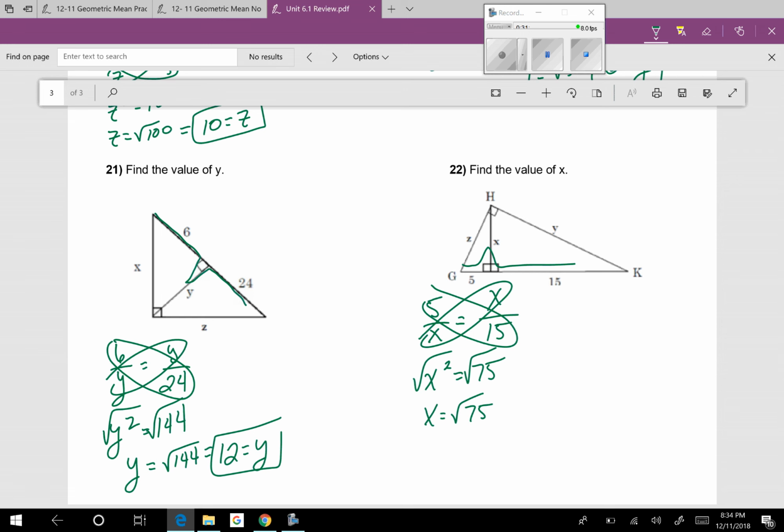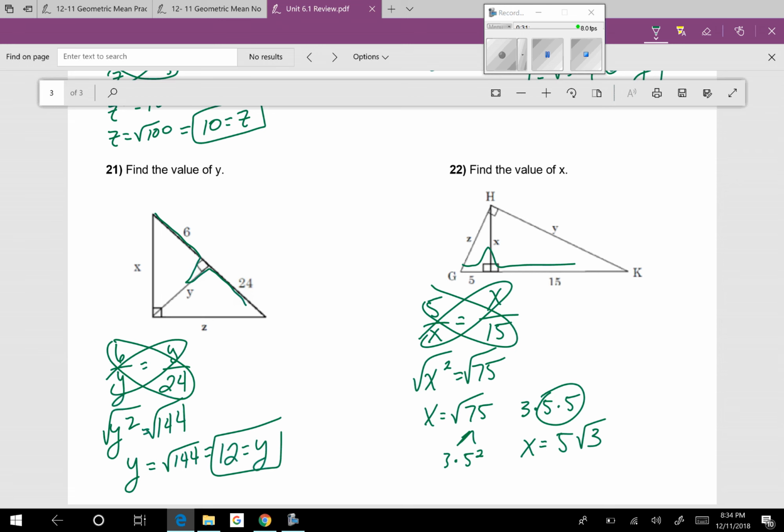And so if you do this, you'll get 3 times 5 squared, because it's not a perfect square root. So that's 3 times 5 times 5. There's one pair of 5, so that comes out. The 3 stays in. So x is equal to 5 square roots of 3.